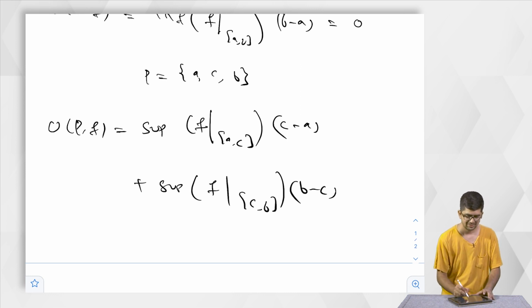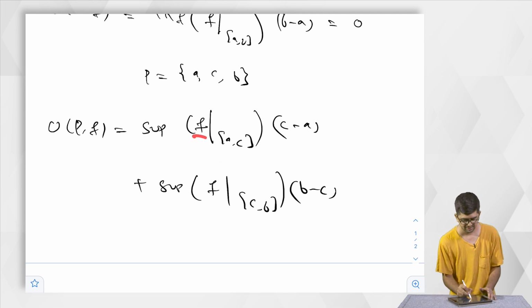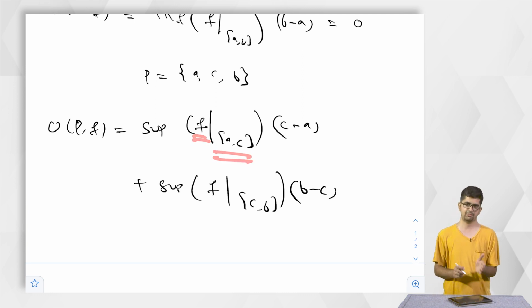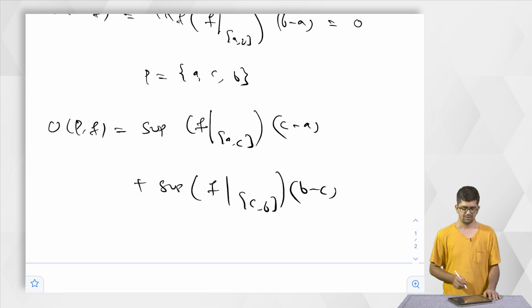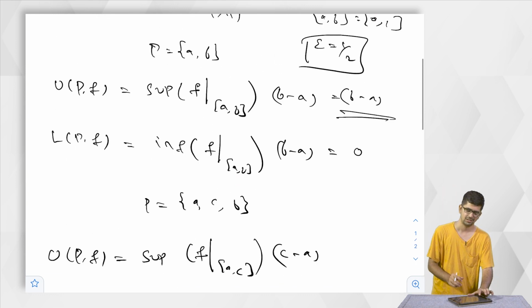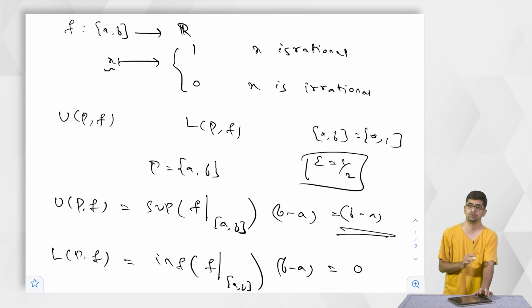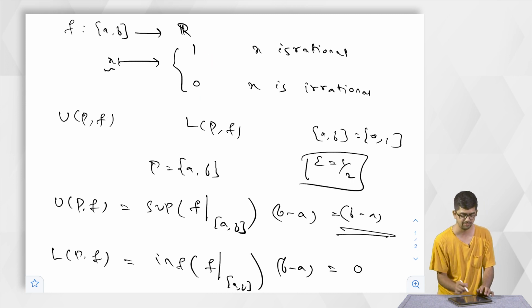Again this interval contains both rational and irrational numbers. So, f restricted to this interval, the image of that will contain 0 and 1 and only those two elements, because if you look at f, the image contains only 1 and 0, only two elements are in the image of f.